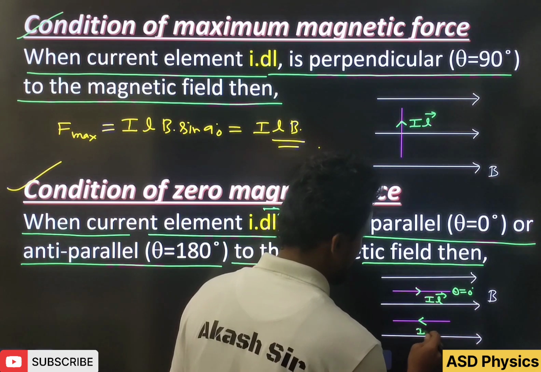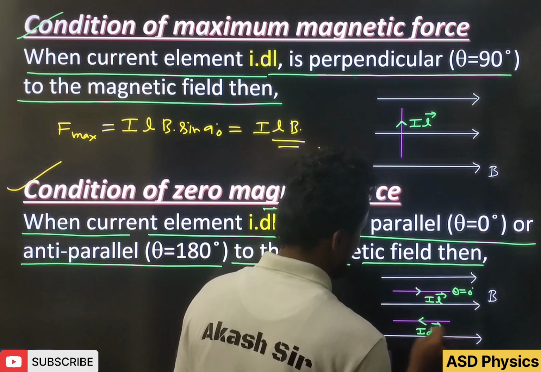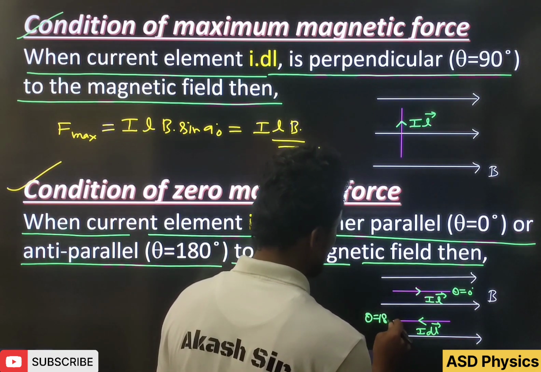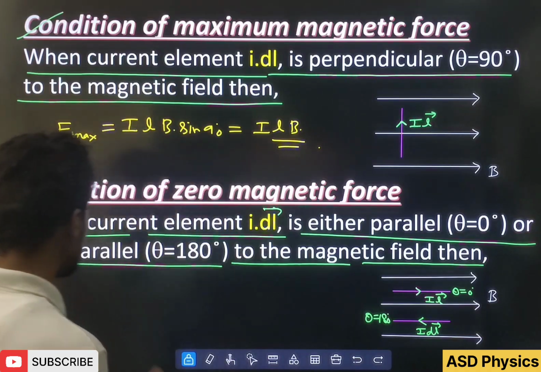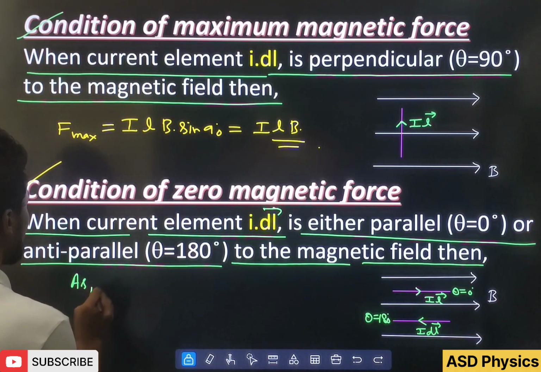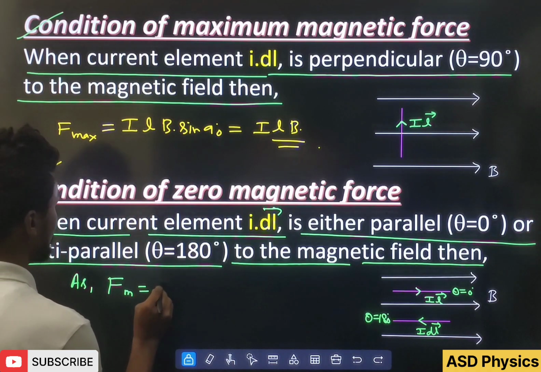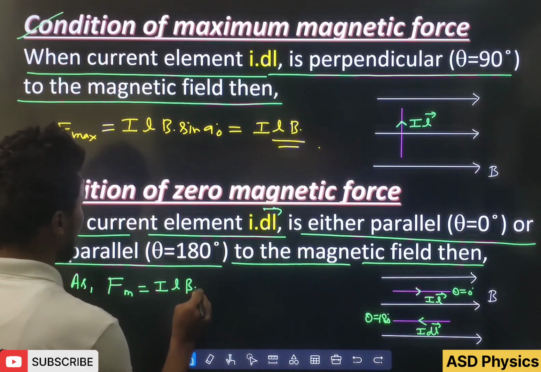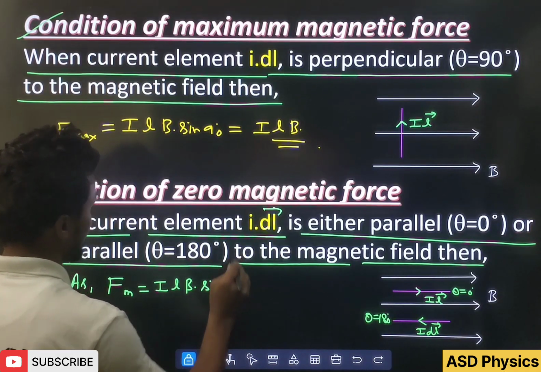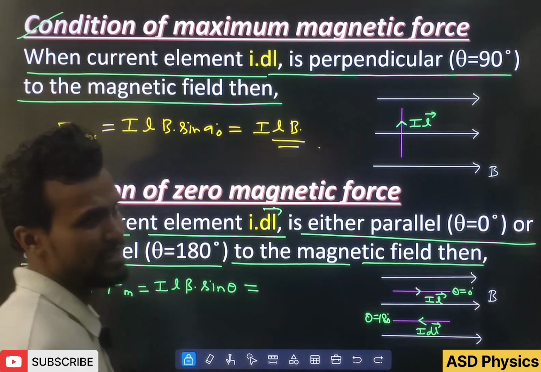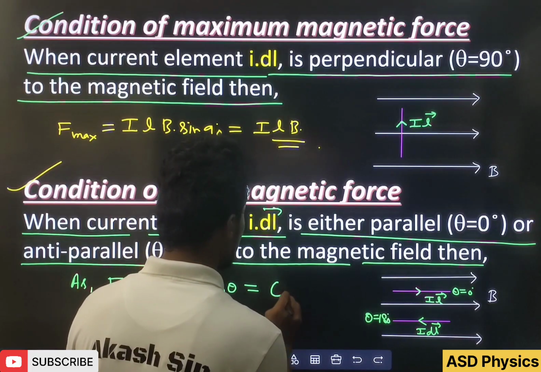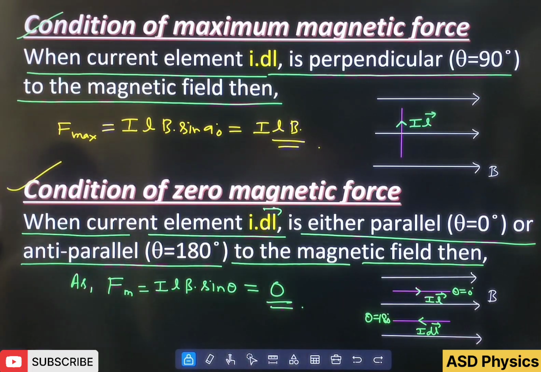But if I take the reverse direction, then theta is 180 degree. What is the force formula? Magnetic force F equal to ILB sine theta. You know very well, sine 0 and sine 180 are both 0 only. So it will become 0. Remember both the situations.